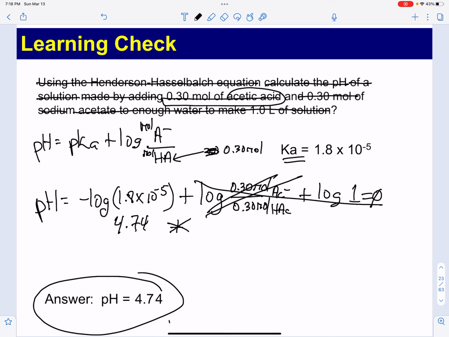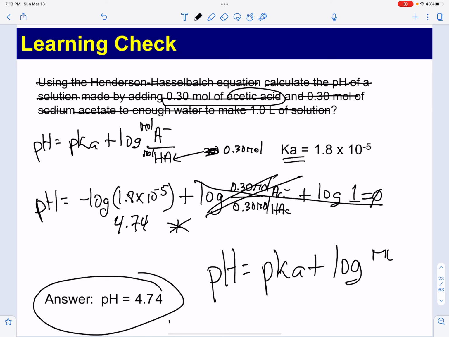So that would be the pH of a buffer made with equimolar quantities of the base and the conjugate acid, or the acid and the conjugate base. So once more, we're just using the formula. pH equals pKa plus the log of the moles of the conjugate base over the moles of the acid.